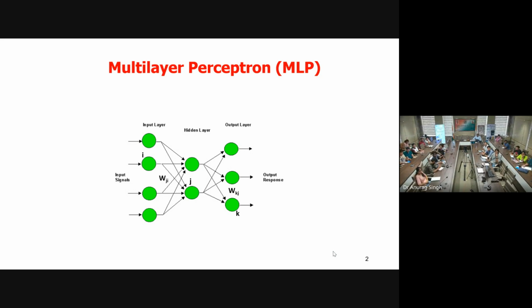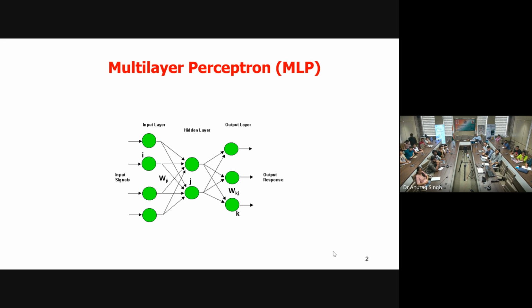You want to find out the net input reaching the jth node. How do you compute it? wj1 times x1 plus wj2 times x2 plus wj3 times x3 plus wjd times xd plus some bias, let's say wj0. This is the net input reaching this neuron.